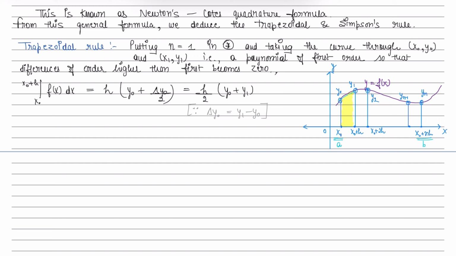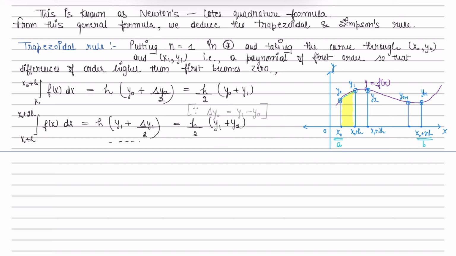Similarly, if we find the integration from x0 plus h to x0 plus 2h of f of x dx, this will become h times y1 plus first forward difference of y1 divided by 2, which becomes h by 2 into y1 plus y2.